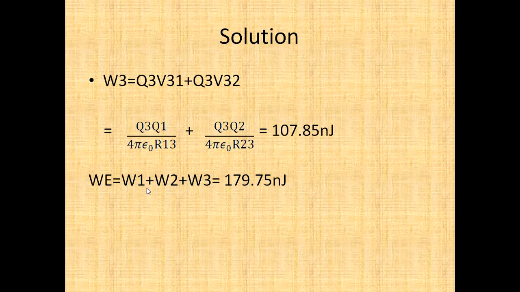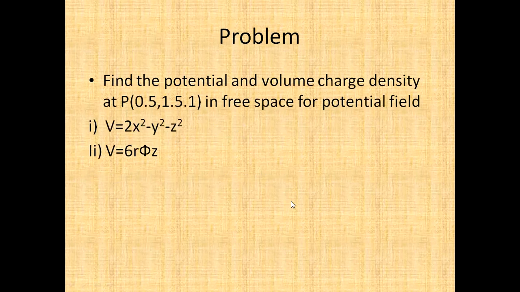For V31 the distance is R13, and for V32 the distance is R23. When we calculate W3, it is 107.85. So the total energy in the system, W1 plus W2 plus W3, is 179.75 nanojoule.